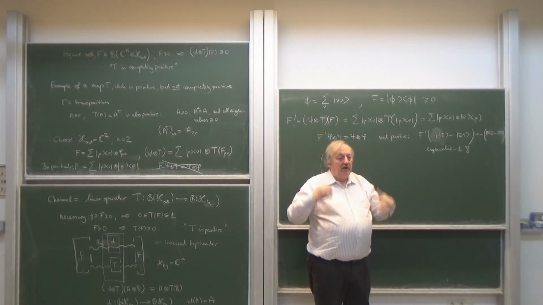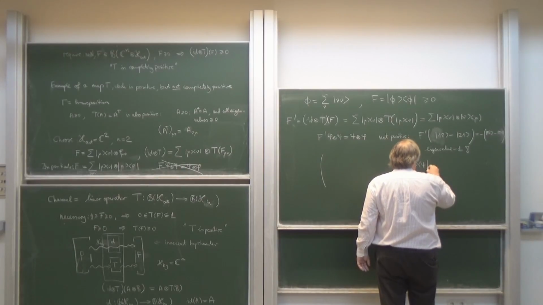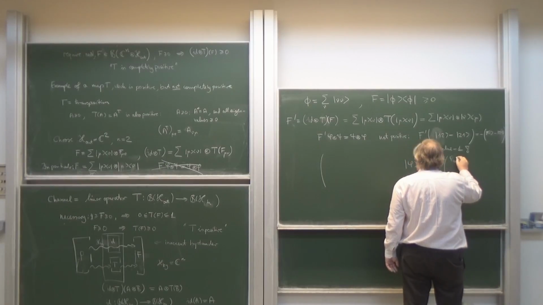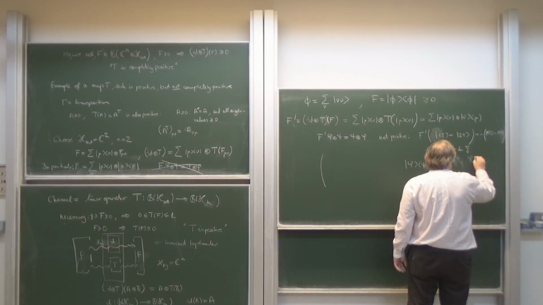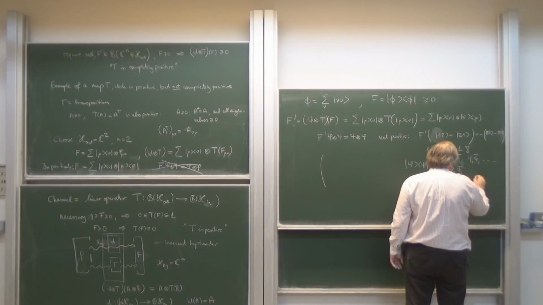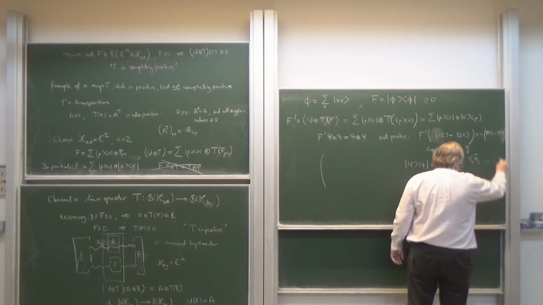So if I make a ket-bra out of that, so the ket-bra phi psi gives the matrix phi 1 psi 1 bar, phi 1 psi 2 bar, and so on, and we get phi 2 psi 1 bar, and so on until phi n psi n bar.